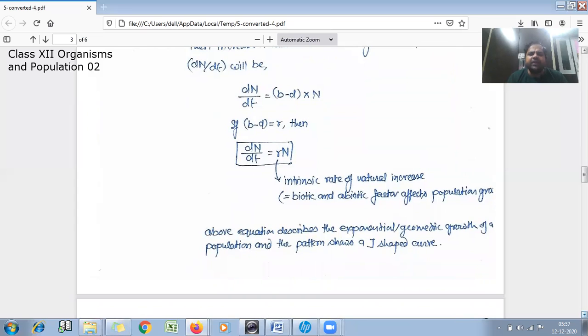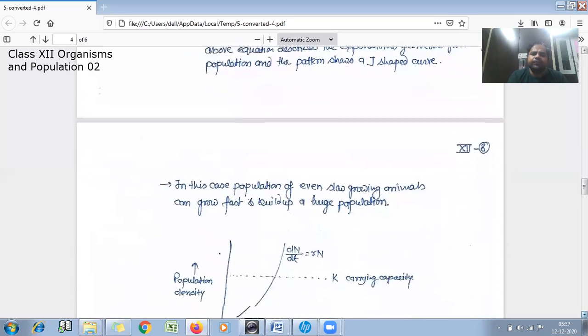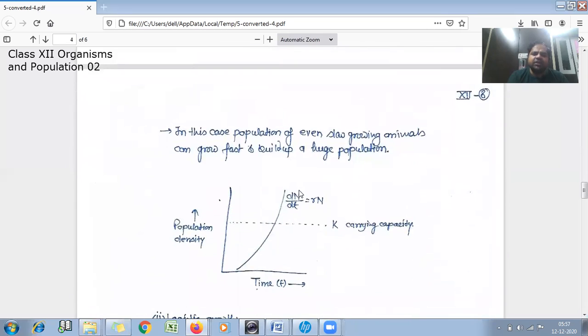The above equation describes the exponential or geometric growth of a population, and the pattern shows a J curve.